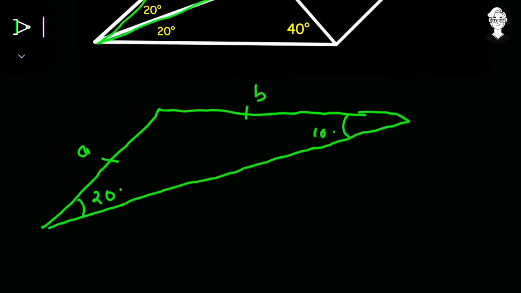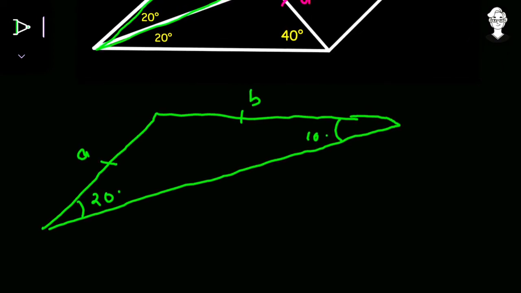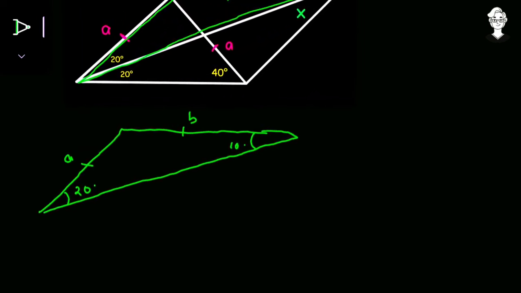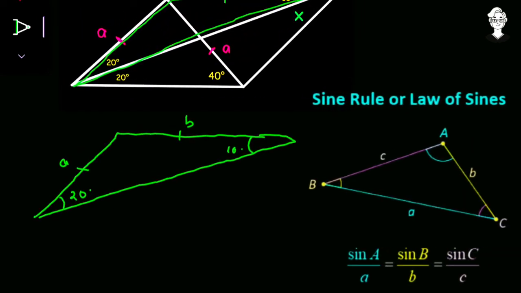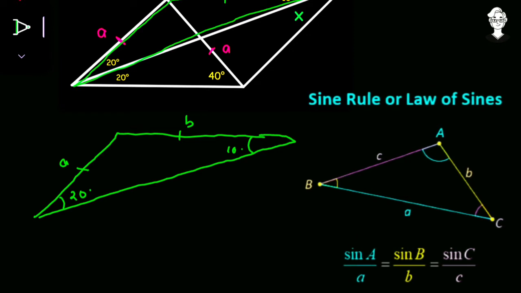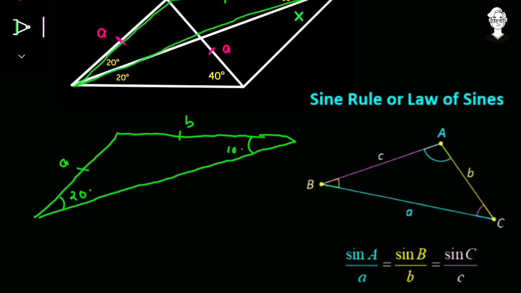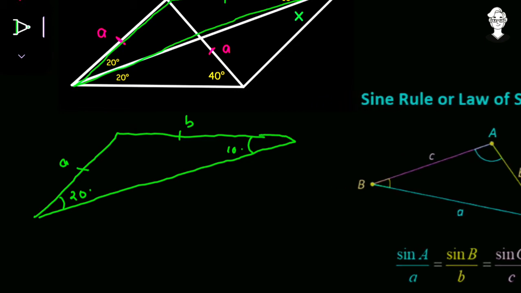Now what we are going to use is the sine rule in any triangle. You can see the sine rule on the screen. It says that in a triangle, the sine of a particular angle upon the opposite side, the ratios are equal: sine A upon a is equal to sine B upon b is equal to sine C upon c, an angle and its opposite side.